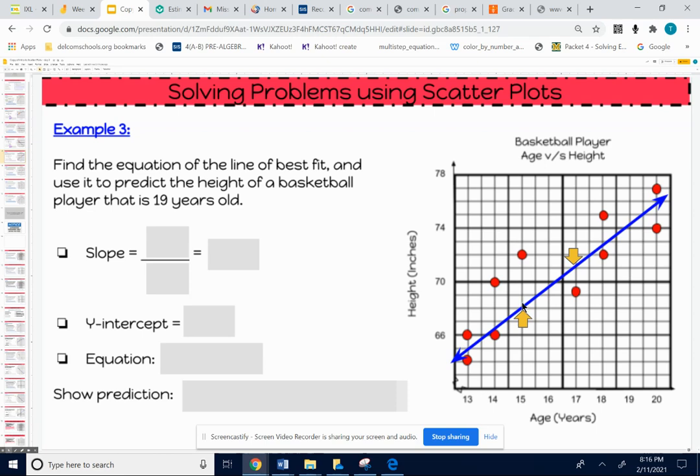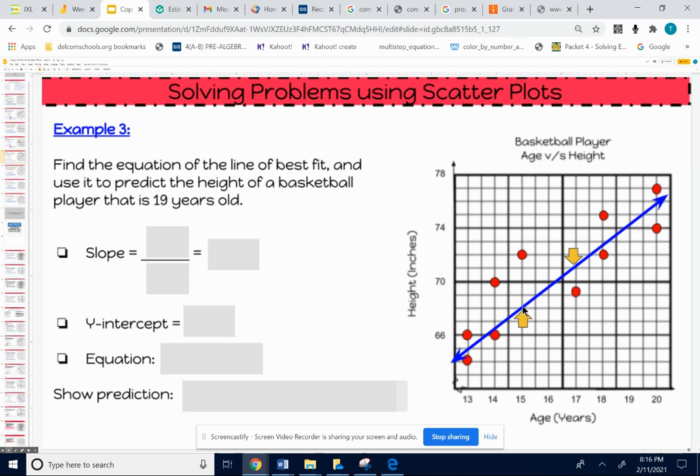So when you're doing slope, you need to think about that. When you're going up 3 and over 4, up 3 is really up 3 inches, because the y-axis is counting by ones. But when you go over 4, you're not going over 4 years. You're going over 2 years, because each 2 spaces is equal to a full year.